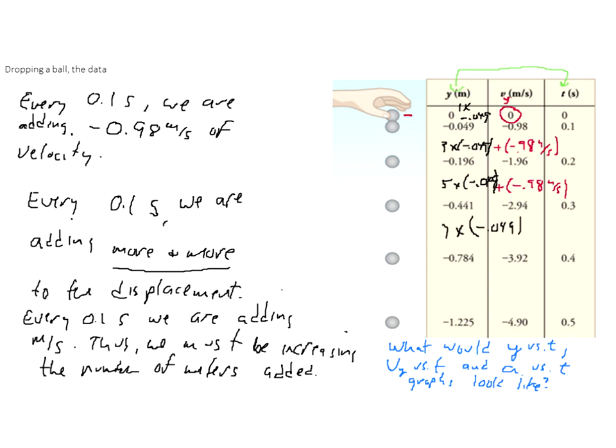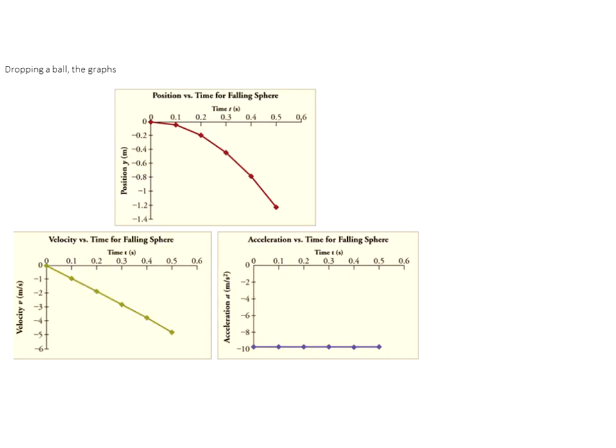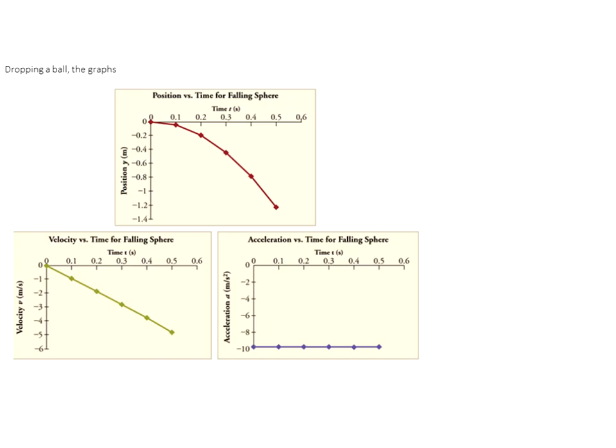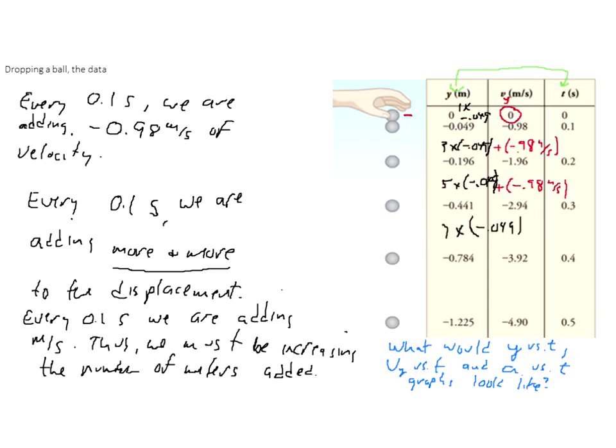So at t equals 1/10 of a second, we drop down a little bit. And then t is 2/10 of a second, we drop down more. And then 3/10 of a second, we drop down even more.